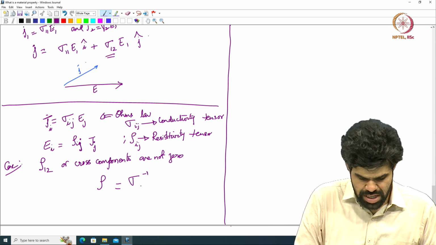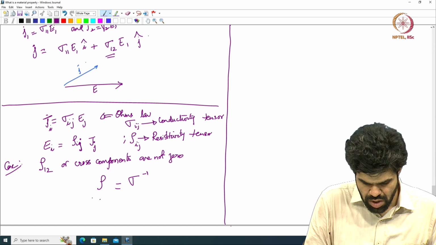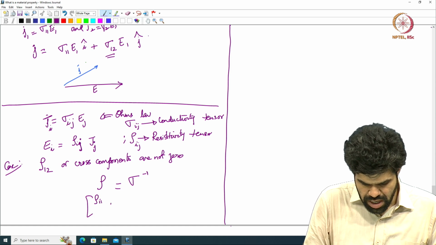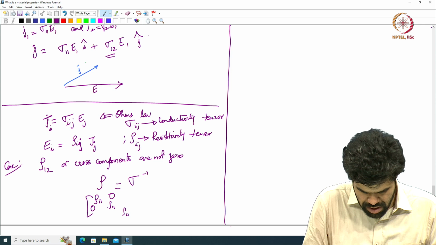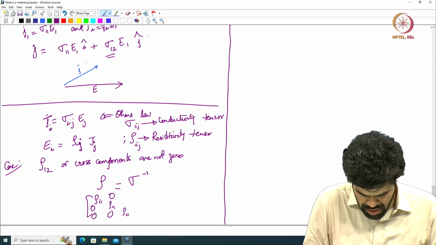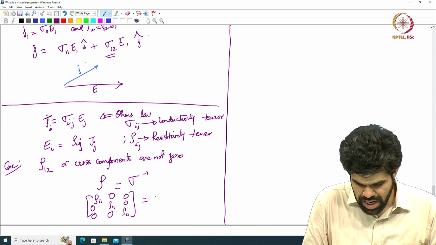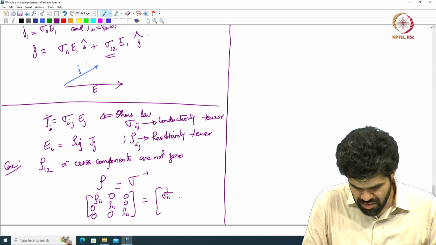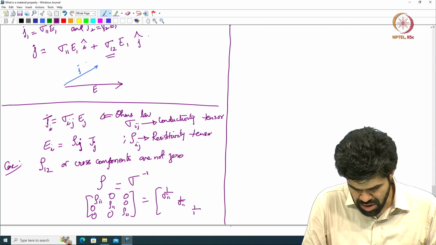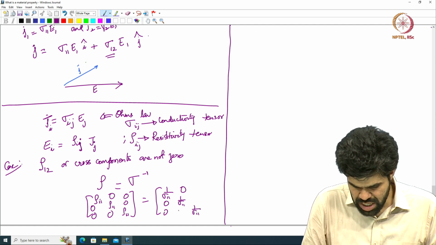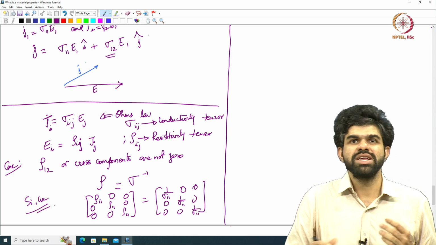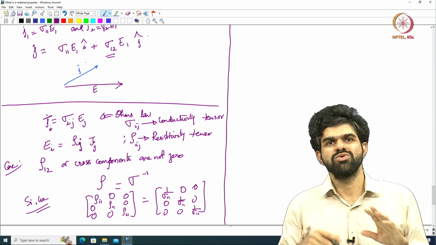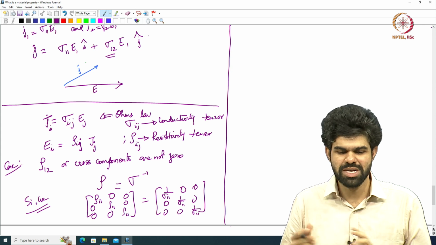I mean, in the simple case, if I have an isotropic tensor rho, where this is 0, this is 0, this is 0, this is 0, that is equal to 1 by sigma 1 1, 1 by sigma 1 1, 1 by sigma 1 1, right. So, in the general case, when we talk about isotropic materials such as silicon, germanium, we do not really distinguish rho as a function of direction or sigma as a function of direction.